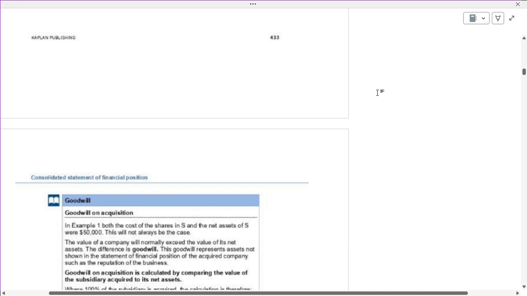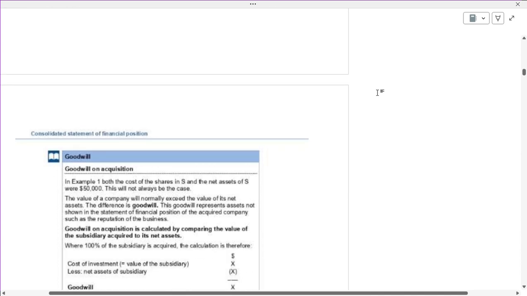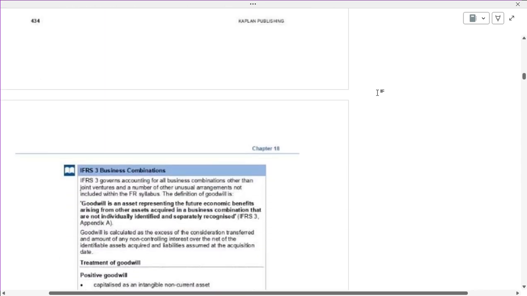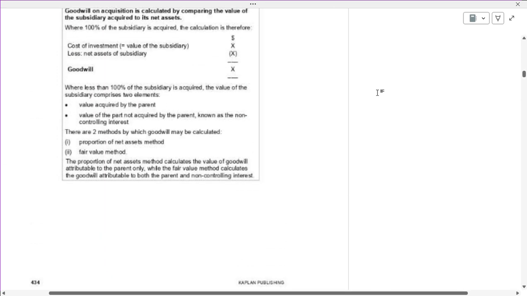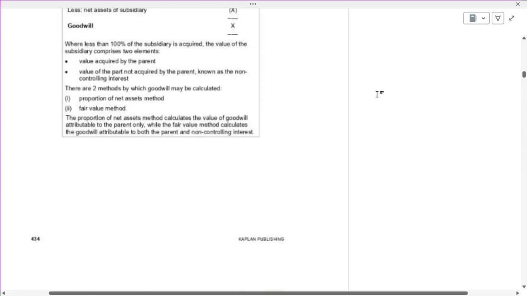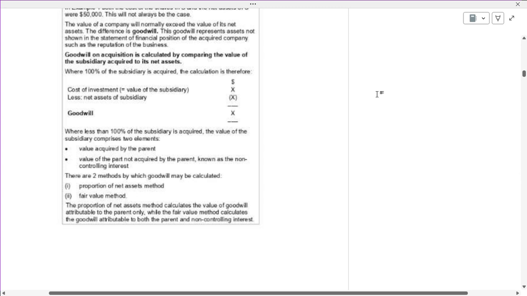We are talking about two subsidiaries. This is goodwill, fine. Then they are asking what we have to do. Goodwill is going to be calculated on two bases: one is the net asset method and the other is the fair value method.